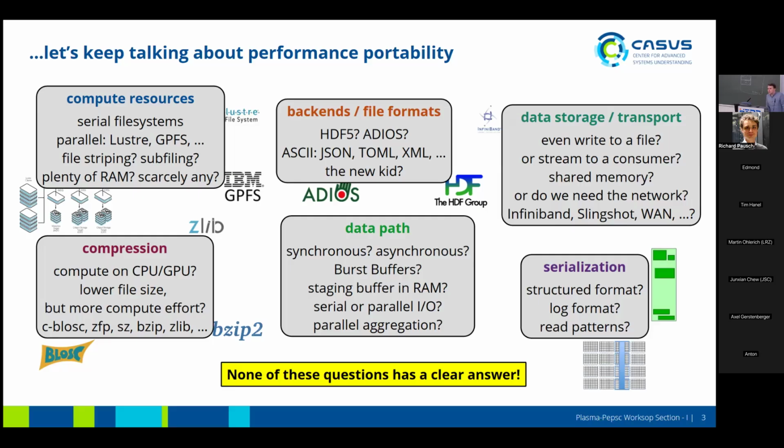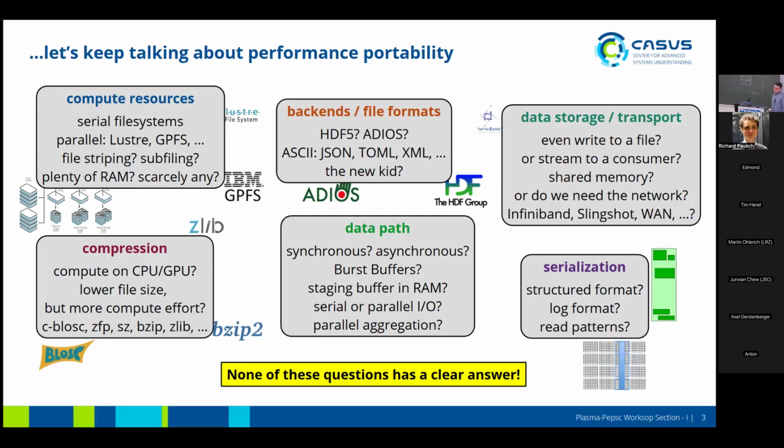Do you write synchronously? Do you write asynchronously? Serial and parallel I/O, I already hinted at that with the serial and parallel file systems. And if you do parallel I/O, what aggregation strategy do you use? Do you use one aggregation strategy at all? How do you serialize data? So do you use a more structured format like the blue thing in the bottom that resembles the way that HDF5 writes data, or the bit more unstructured log format, log as in logbook, not as in logarithm, that ADIOS uses?